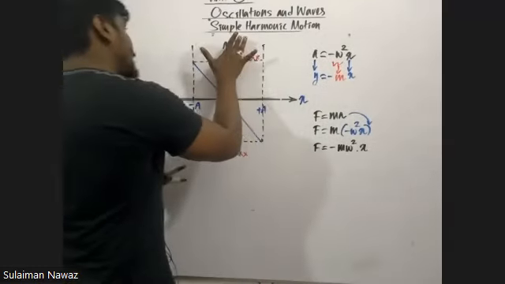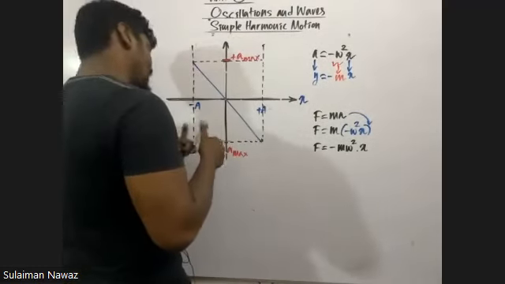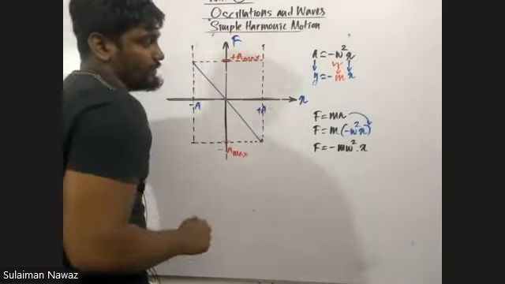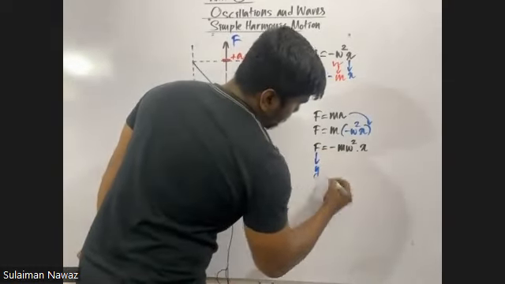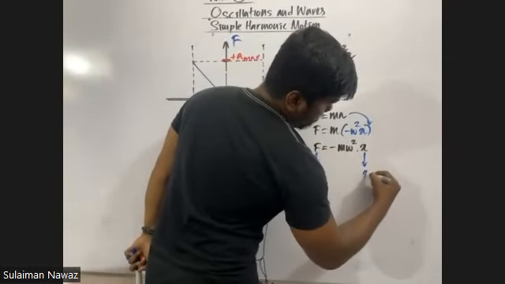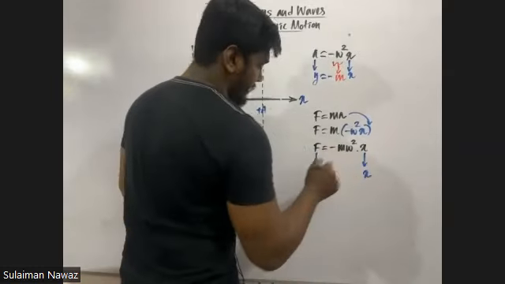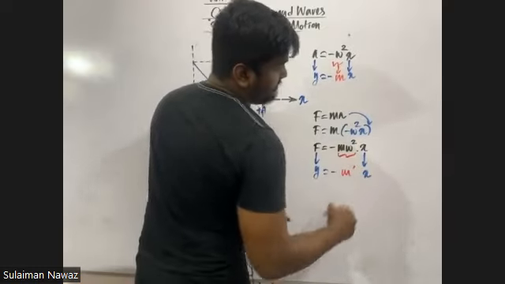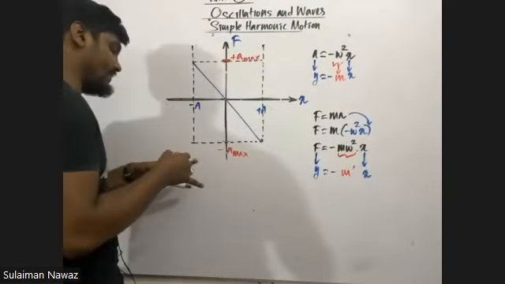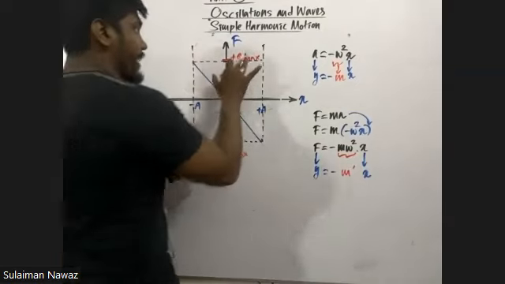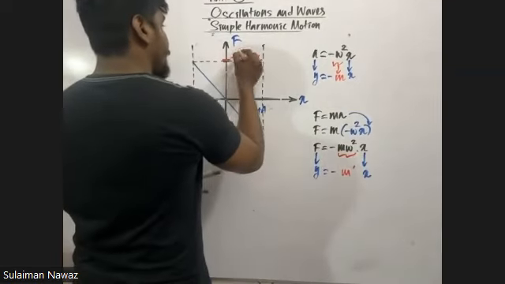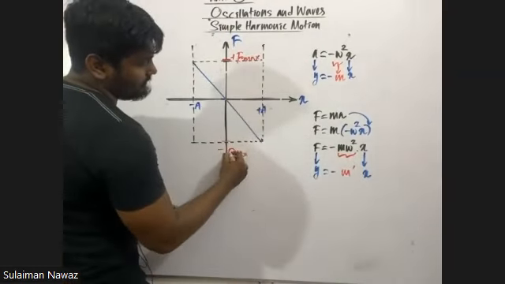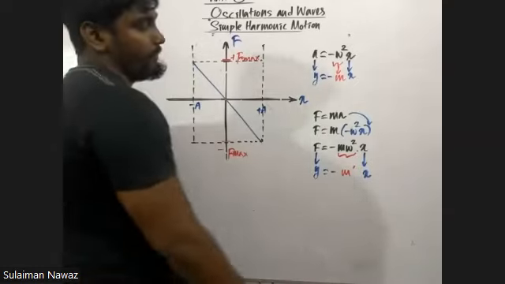This time my x-axis is displacement, this is my y, this is my x, and minus m omega squared is my gradient. I say it's m dash or something. Y equals minus mx, same graph. So F max will be something here. Same graph.